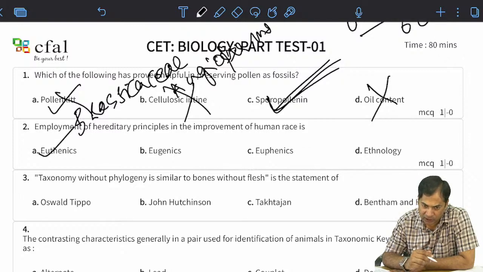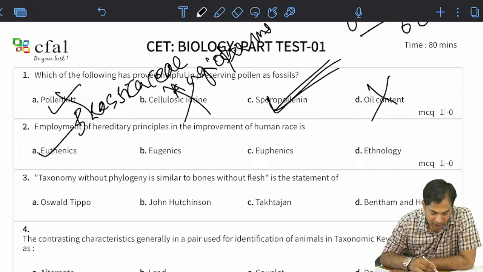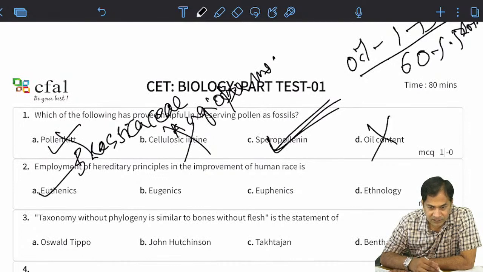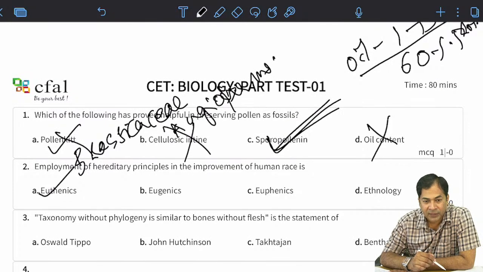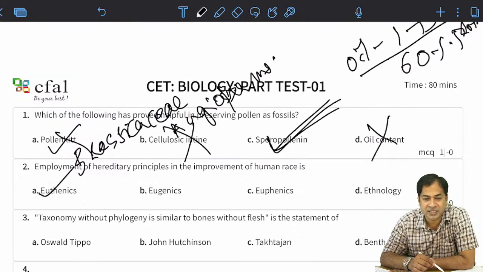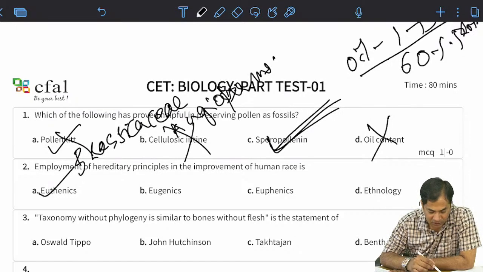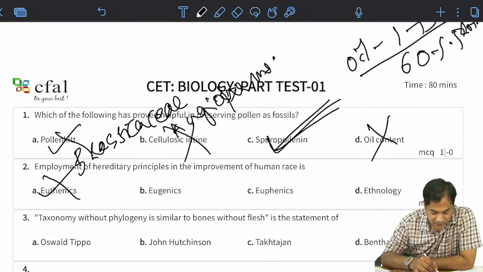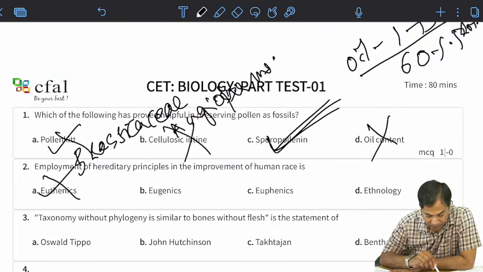You can note it down, I repeat, euthenics: improvement of human health and living standards. So definitely this cannot be the correct answer, because the question is about employment of hereditary principles in the improvement of the human race.